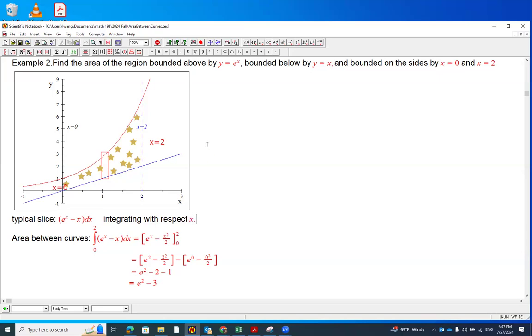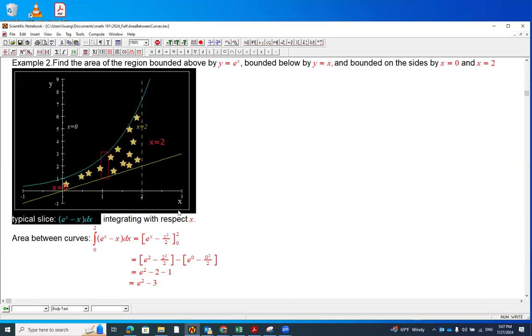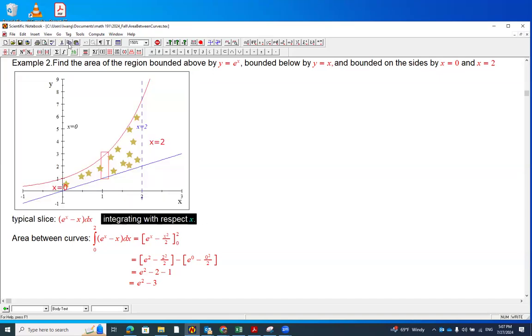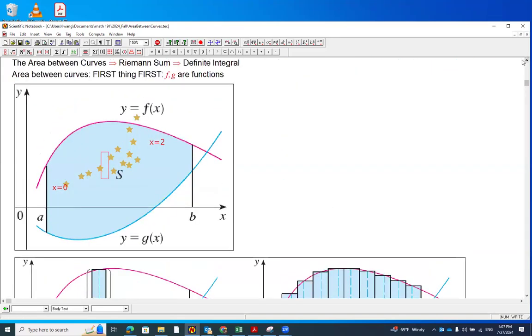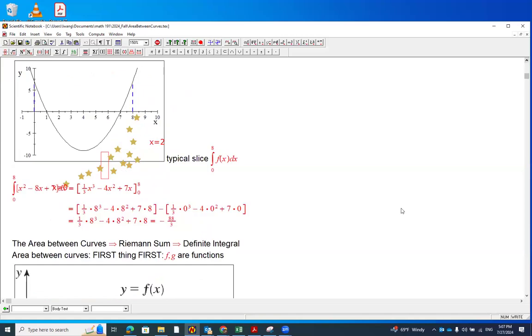We make that distinction now because in other lessons we're going to talk about how we integrate with respect to y, right? This example is integrating with respect to x, and in our earlier example, that is also integrating with respect to x. Obviously, it's dx. Okay.